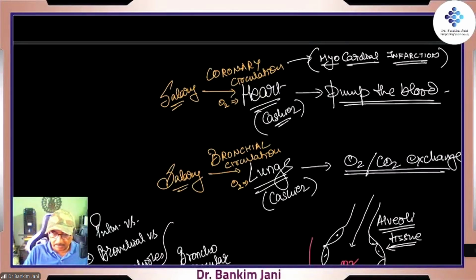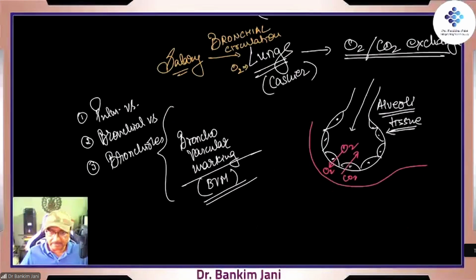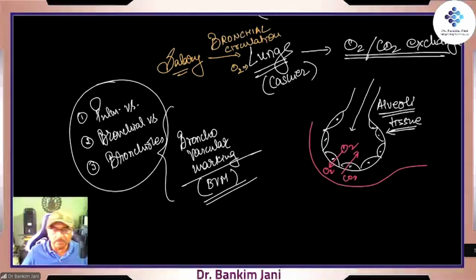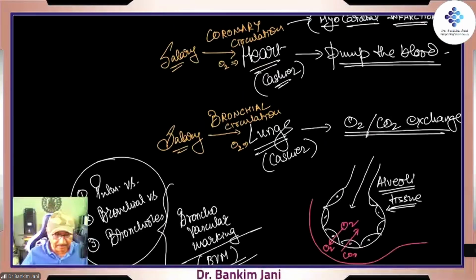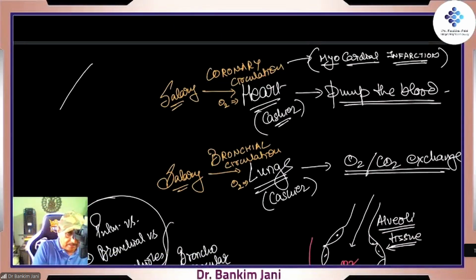Makes sense? But no one gives importance to this bronchial circulation. It's a small artery, right? The lungs are so efficient that they take a very small amount of blood as their salary and keep on doing their work. But these are the things which you see at the hilum. If this is the lung, then this area is called the hilum.